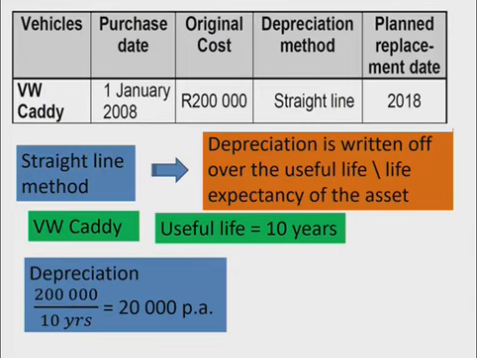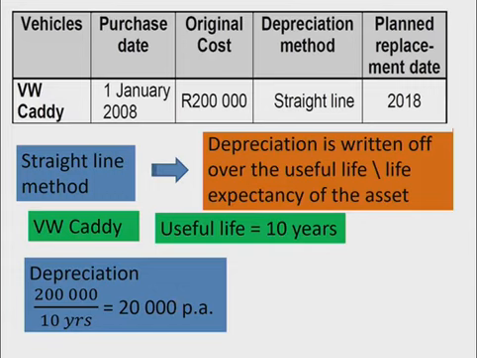So every year, if you have it for the full year, you're going to write off 20,000 rands worth of depreciation. So how did you get the 20,000? We took the cost price, 200,000, divided by the 10 years it's supposed to last, or the life expectancy, and that will give us the 20,000.